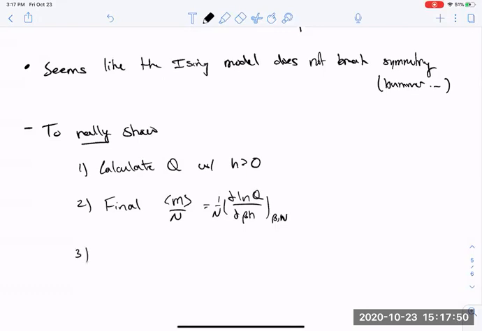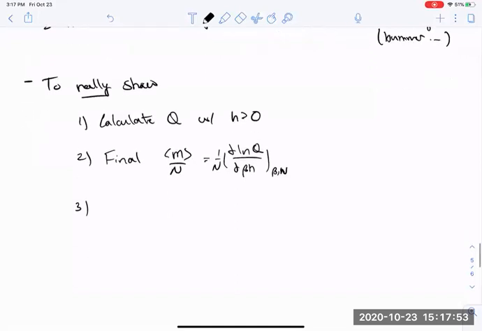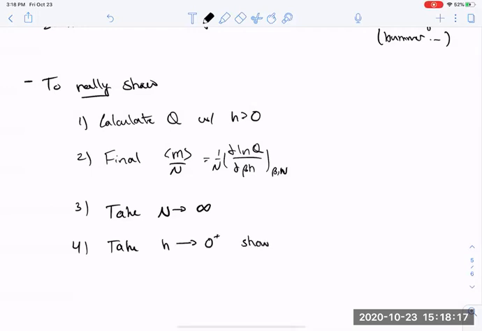We have noted previously that a singularity only exists in the thermodynamic limit, so we would need to take that thermodynamic limit and only then set the field to 0 and show that as we did it, the expectation value of m goes to 0 as opposed to remaining finite. So there's a much more rigorous calculation required to really demonstrate that there is no symmetry breaking.